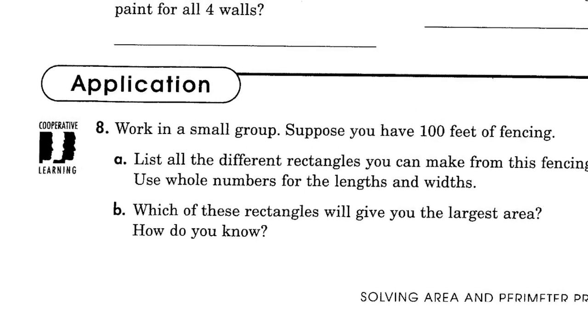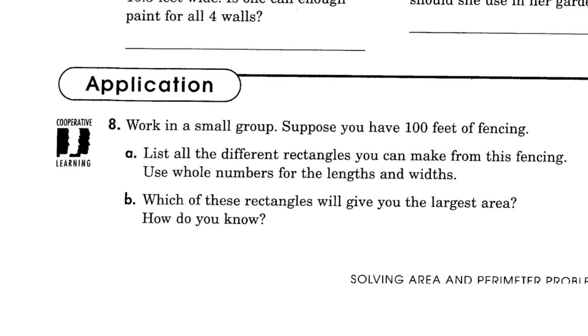On the application, we're going to mark out, because you're not going to have a small group to work in. So we're going to mark this out. Not the whole problem, just that part. And it says, suppose you have 100 feet of fencing. List all the different rectangles that you can make from this fencing. We just did this in one of our key math assignments.